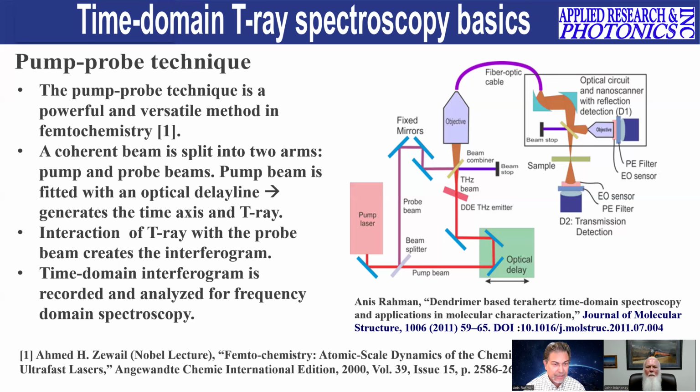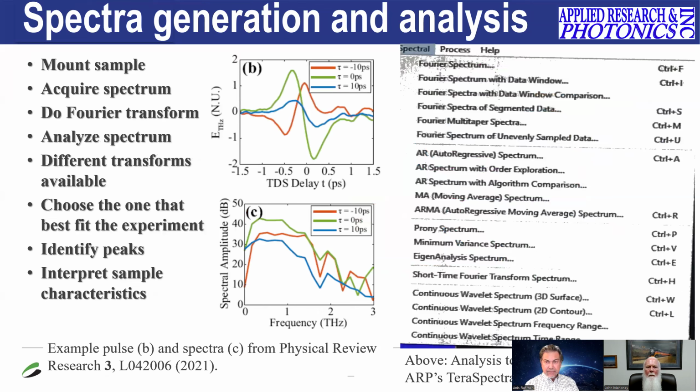Okay, thank you. These are examples I wanted to show of how the time domain signal is converted into a frequency domain signal. This is a work I found from Physical Review, 2021. I forgot the author's name here.